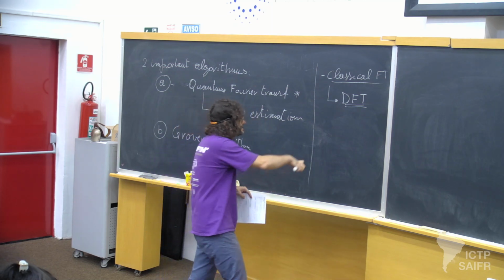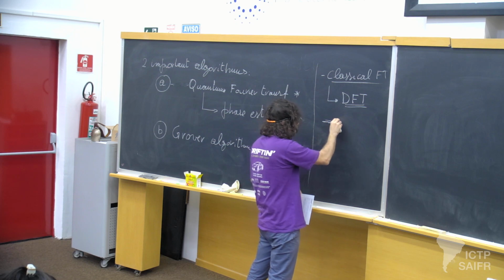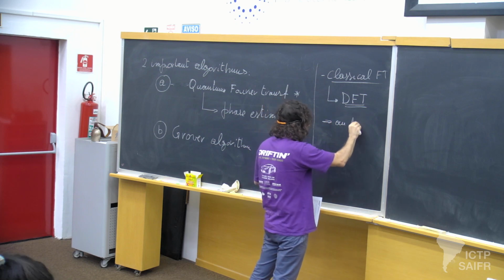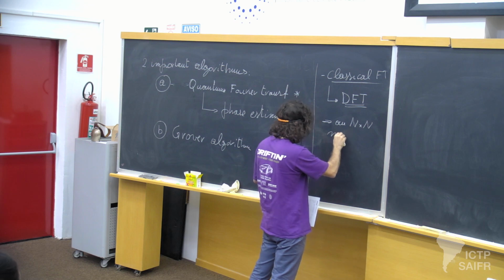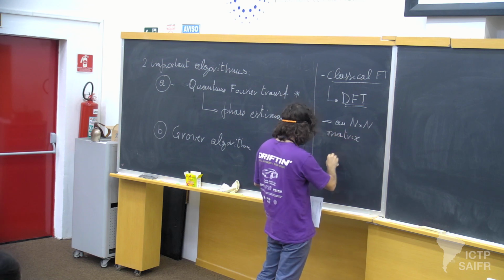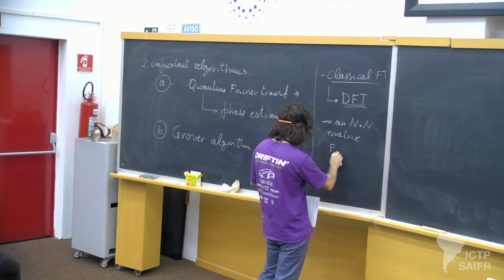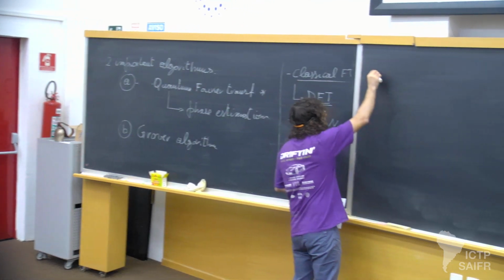Essentially, the DFT is just an n by n matrix that we call Fn, such that these two properties are satisfied.